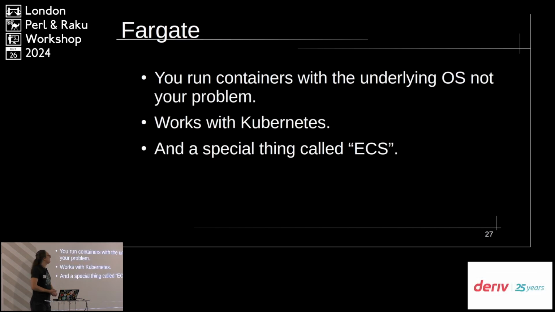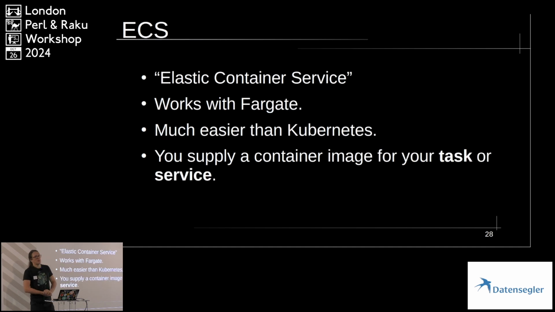Finally, Amazon Fargate, which is a container running thing. It does work with Kubernetes. I shall ignore that because we've not got all day. Amazon give you another thing called ECS, which is their own magic thing, which is a little like Kubernetes in that it runs containers, but it is rather easy to understand.